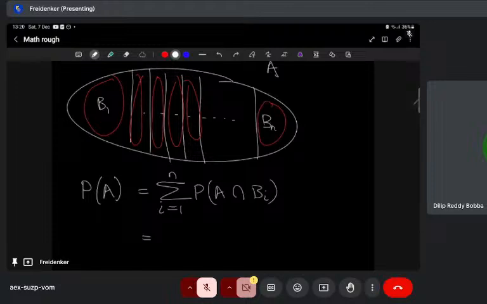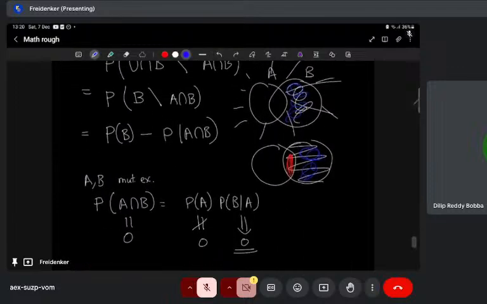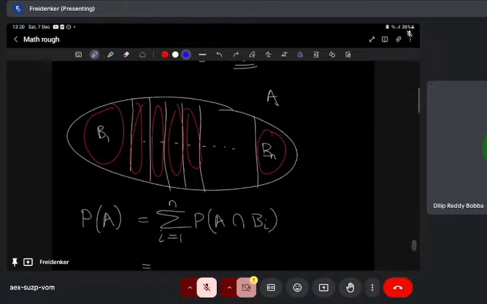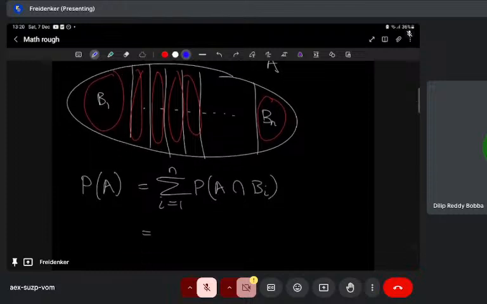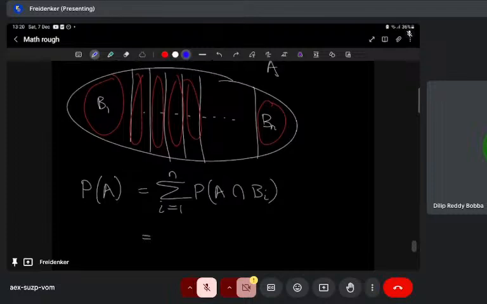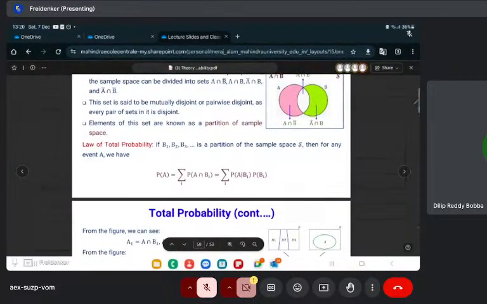There is no element that is common to two different Bi's. Do we have any property for mutually exclusive events? We do, but that is for A union B. This is A intersection B. Let me just go back and see what they did with this.